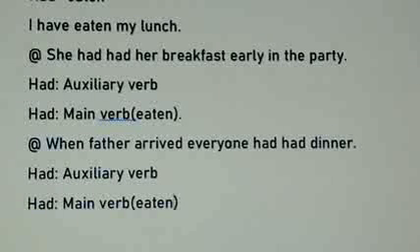It means the dinner had finished earlier and comes first, and after that the father arrived. It means there is no dinner left to give father. Okay.